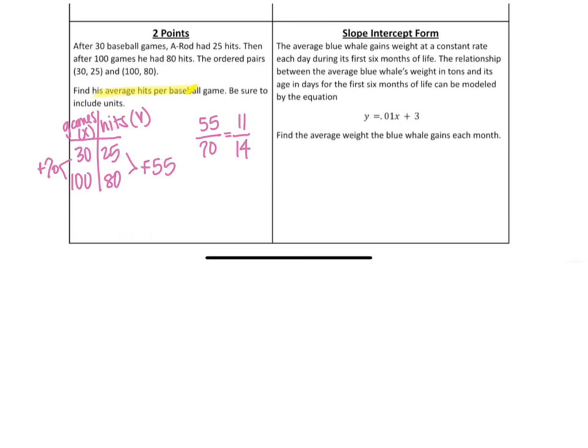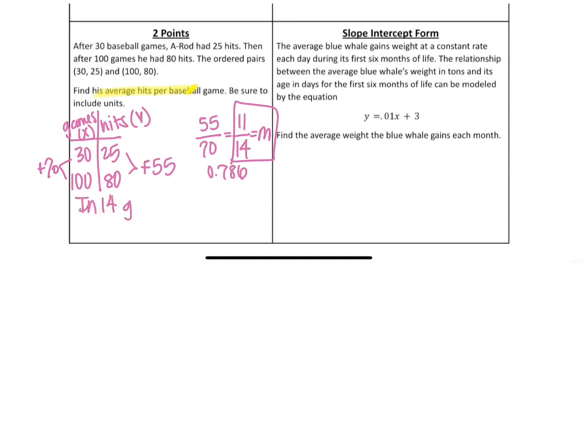But if I wanted to write that as a fraction per 1, he's getting less than 1 hit per game. If we write it as a decimal, he's getting 0.786, give or take, roughly, hits per game. I'm going to write it just in terms of the pretty number 11/14, which tells me that he gets 11 hits every 14 games.